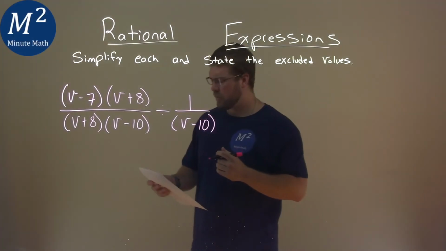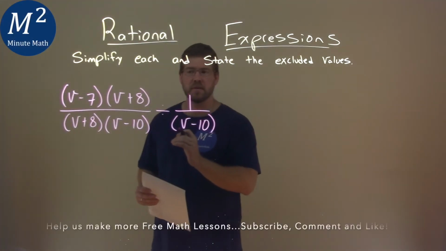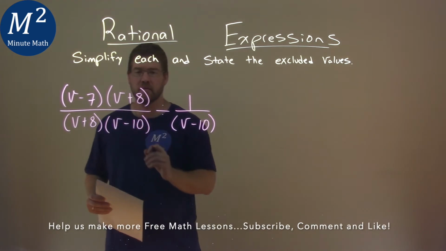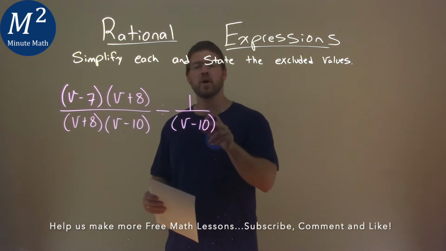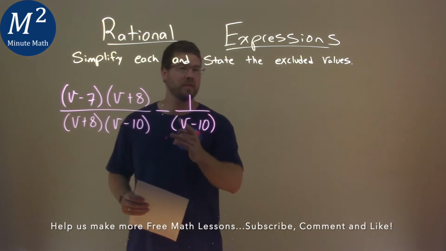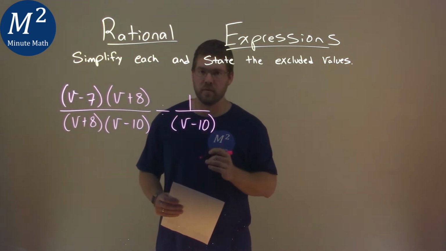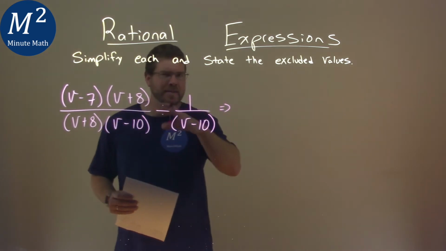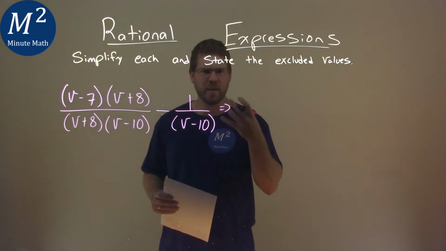We're given this problem right here, v minus 7 times v plus 8 over v plus 8 times v minus 10, divided by 1 over v minus 10, and we have to simplify this and state the excluded values. Well, first thing here, I don't like writing division with a fraction. Let's make this a multiplication.